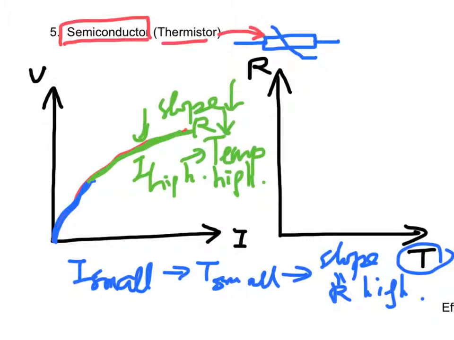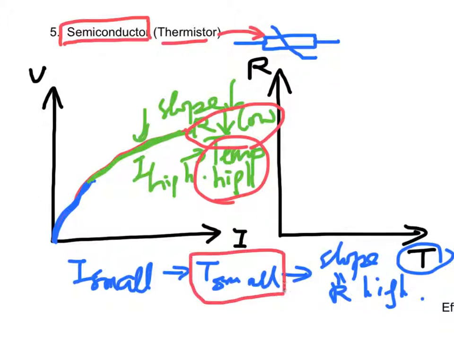Or we say the resistance will be low. Therefore, for a thermistor, when the temperature is high, the resistance is low. However, when the temperature is small, the resistance of the thermistor is high.